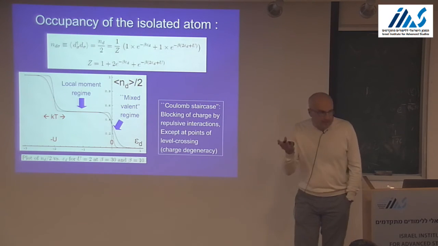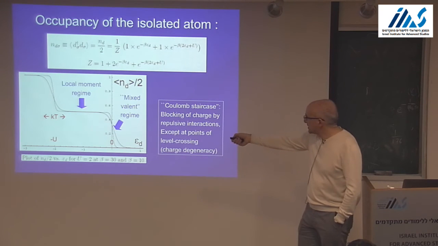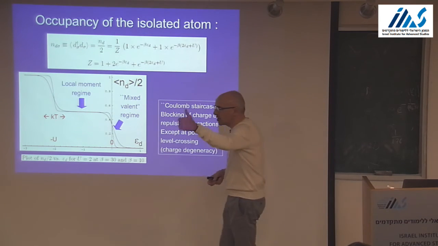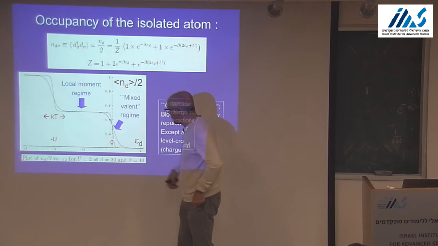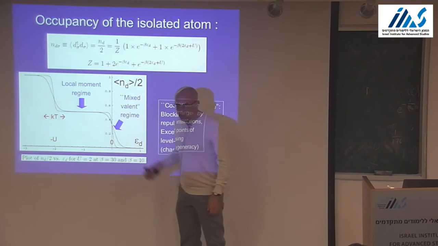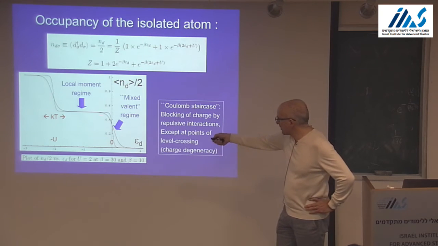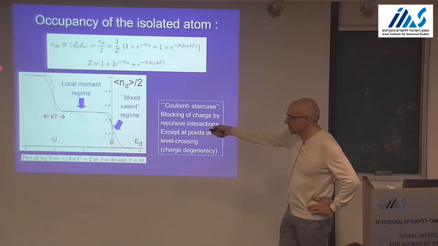Okay, in the jargon of this field, this is called the local moment regime. Why local moment? Because we have a spin up or a spin down. And this is called the mixed valence. Why mixed valence? Because the valence of your atom here fluctuates between 0 and 1, and here between 1 and 2.